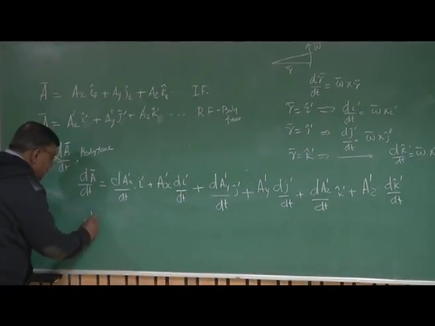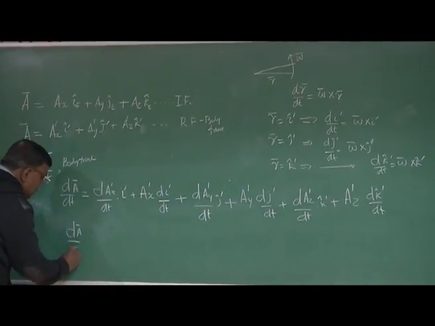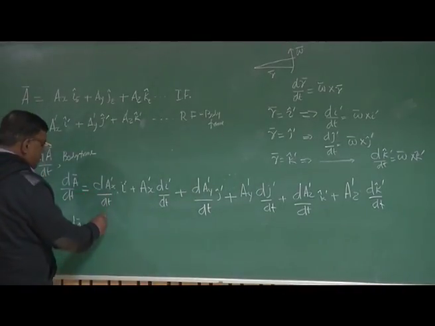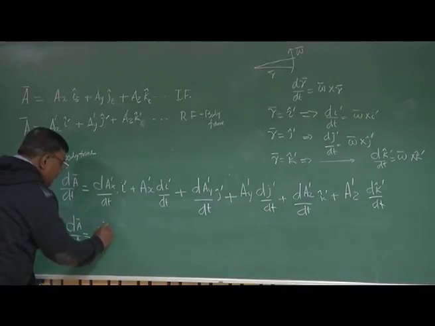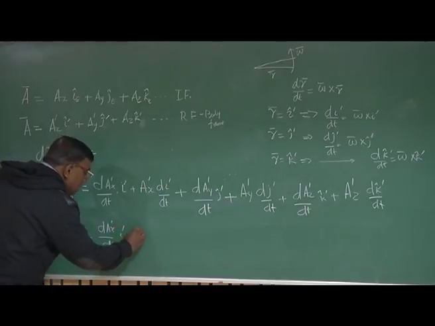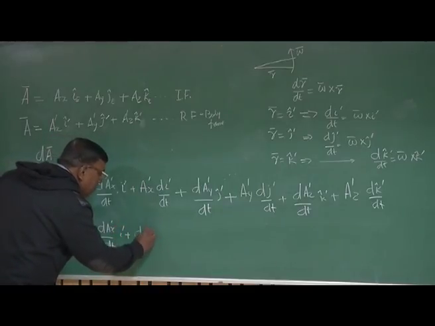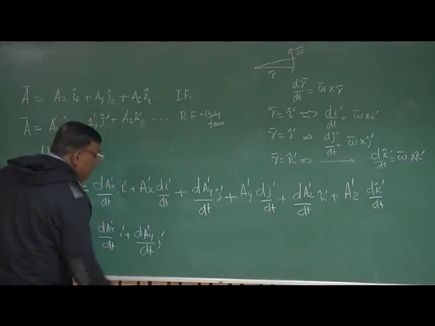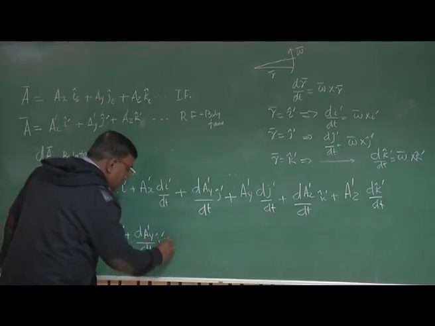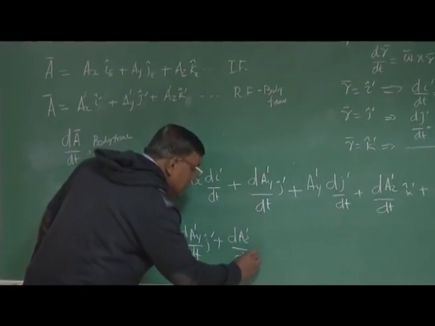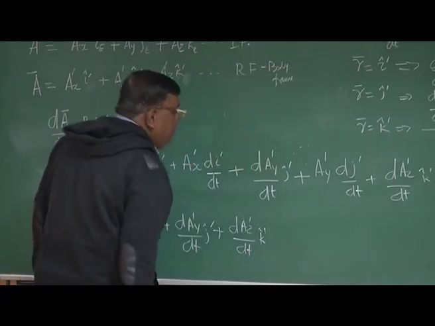The solution is you have to put it here. So, dA by dt will be equal to dAx prime by dt into i prime. I write dAy prime, I am just doing some rearrangement, so j prime. Similarly, dAz prime by dt k prime.